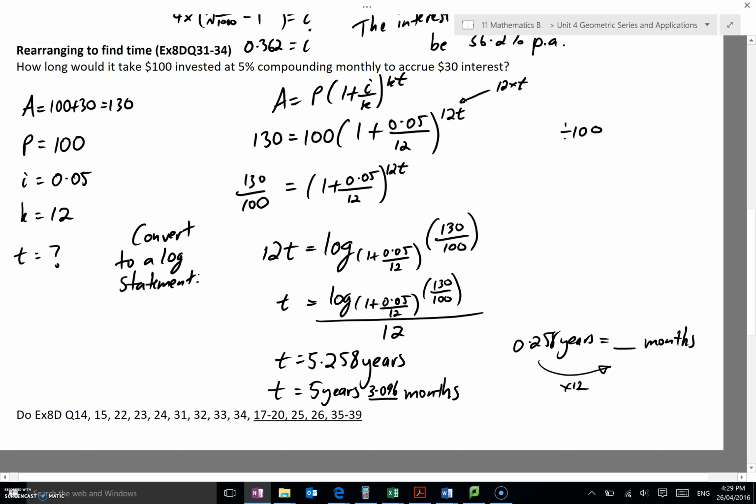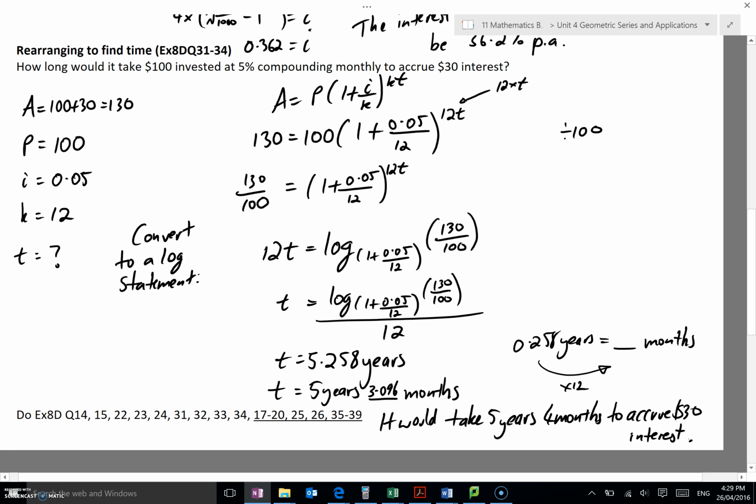Okay, and realistically, we should probably always be rounding up to make sure that we get there. So the final statement would probably be, if it said to the nearest month, we'd say it would take 5 years and 4 months to accrue $30 interest.